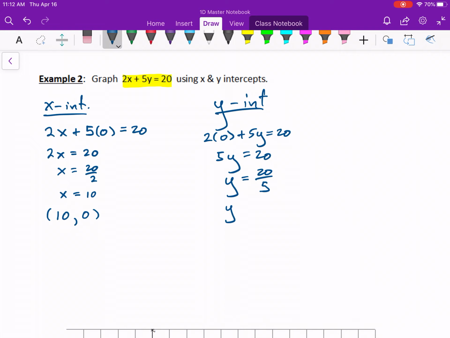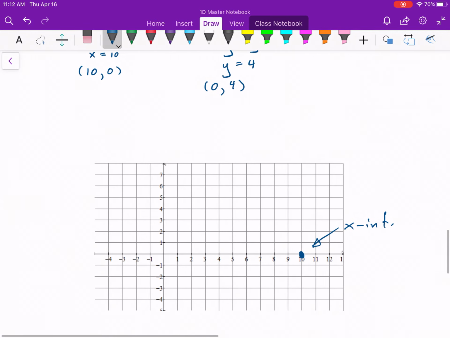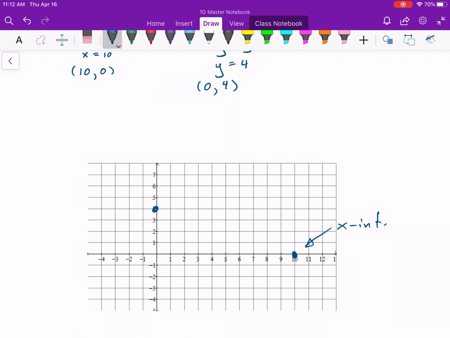And the y-intercept equals 4. And again, that can be expressed as an ordered pair. x, y, x comes first. I let x equal 0, so this time the 0 comes first, and the y-coordinate is 4. So (0, 4) is this point here. This is the y-intercept.